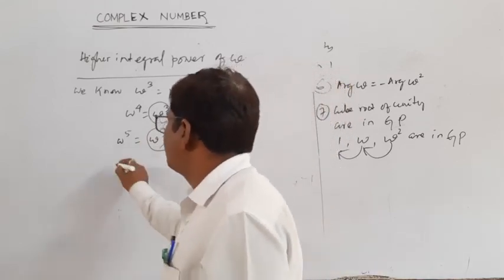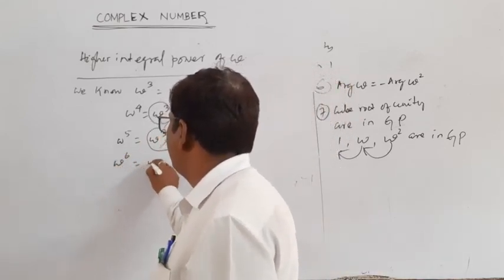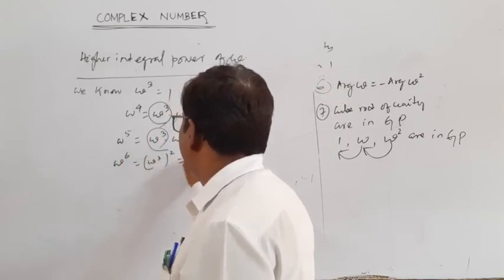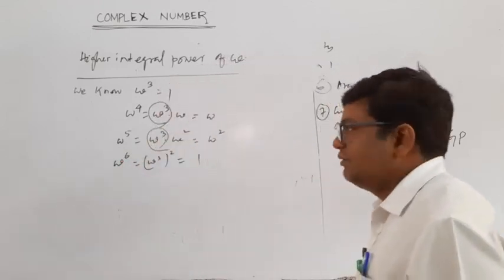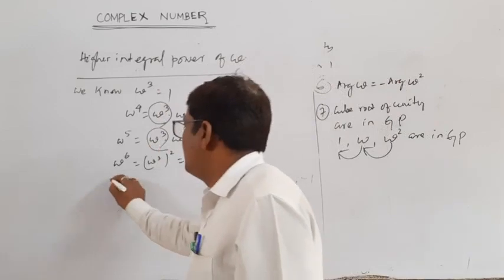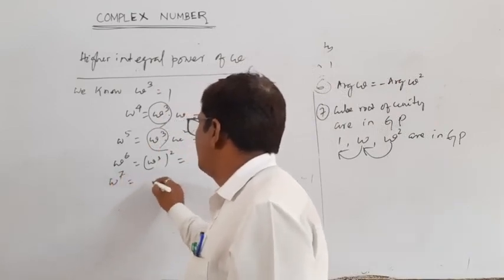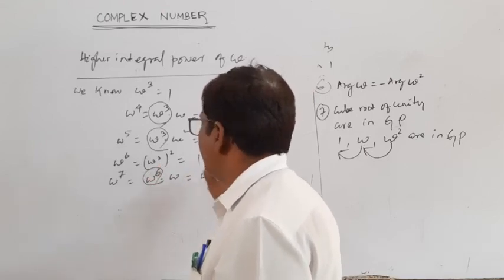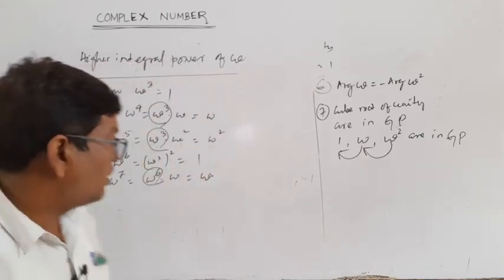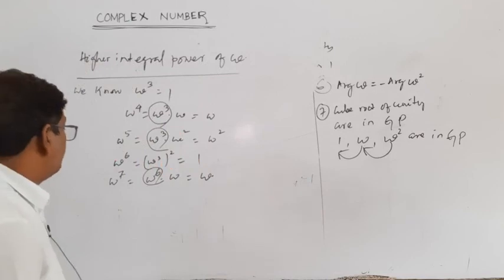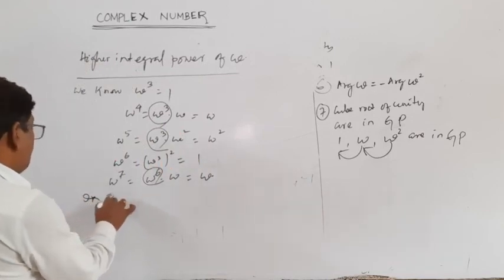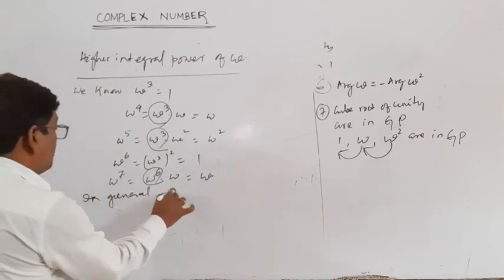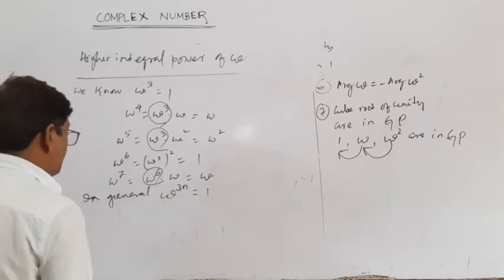Now omega 6 is equal to omega cube whole square, that is 1. Omega 7 is equal to omega 6 into omega, that is 1 into omega. So in general, omega to the power 3n is equal to 1.